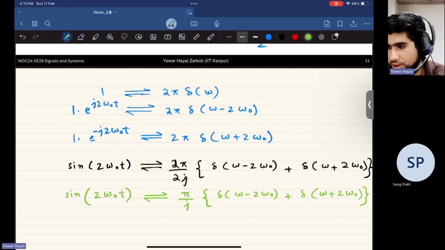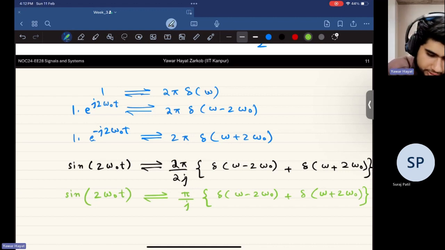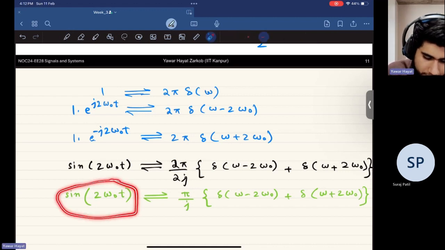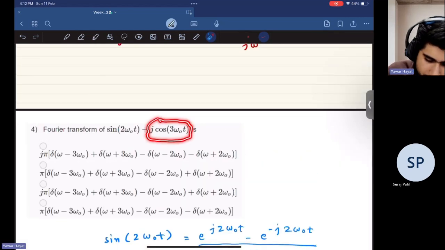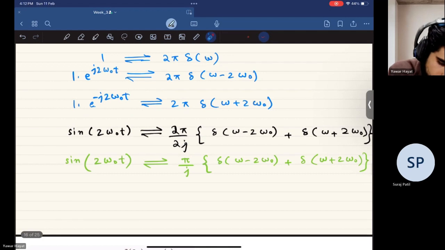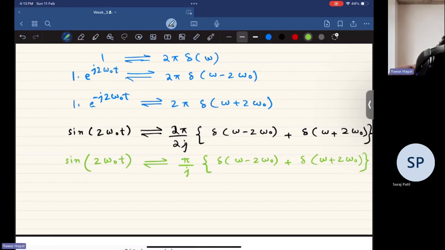Right. So we computed the Fourier transform of the sine of 2 omega naught t. What are we left with? Fourier transform of this quantity. I mean, try it out. This is what you should get.